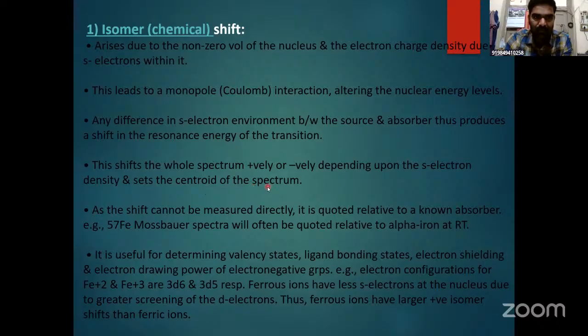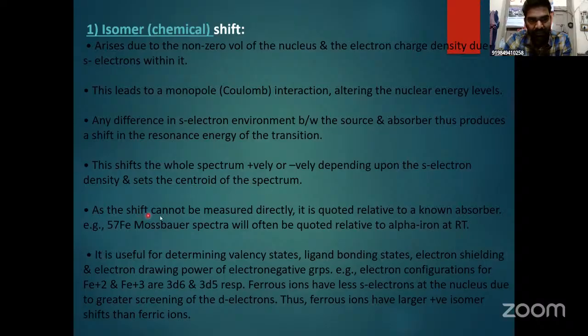So this shift in the resonance energy of the transition shifts the whole spectrum, positively or negatively, depending on the s electron density.